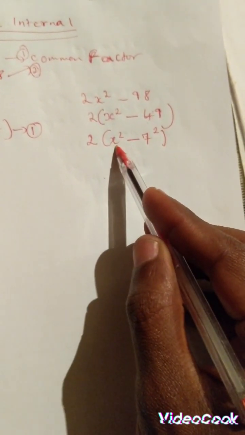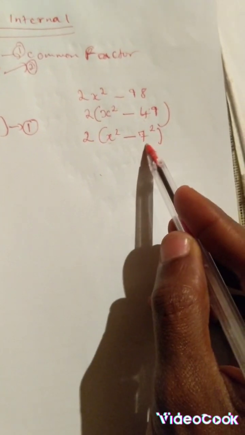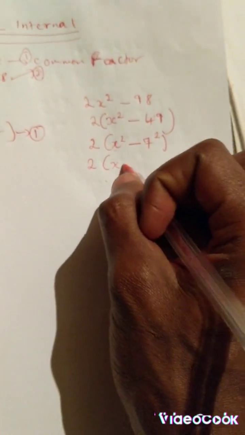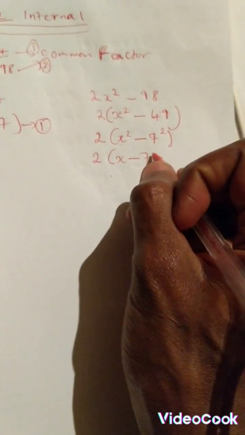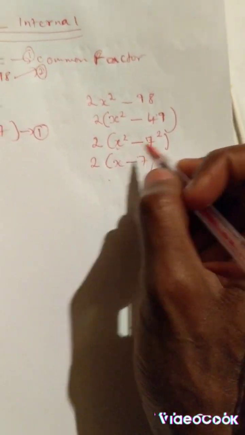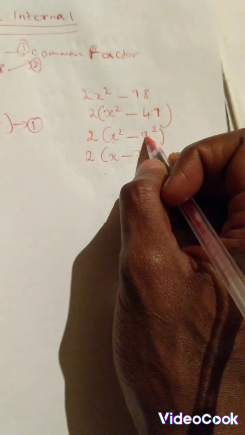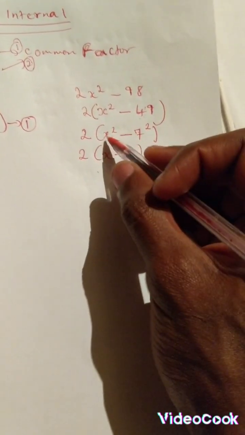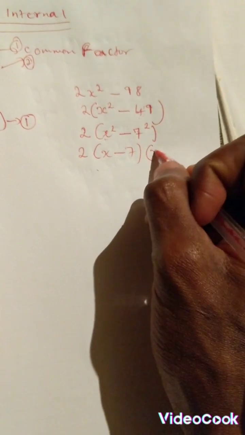Then from here now you expand. Here we have 2x and here we have 7. For expanding, we're going to say 2, then open bracket, x minus 7. If I remove 1x here, I'm remaining with 1x. If I remove 7, I'm remaining with 7. Hence, I'm going to say open bracket again. The x that has remained, I'm putting it here.